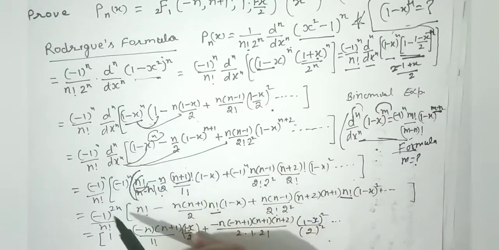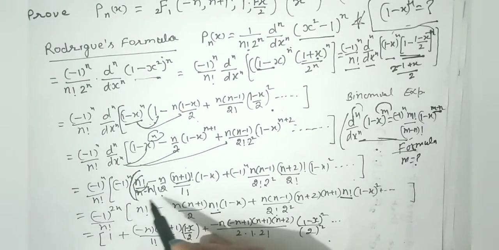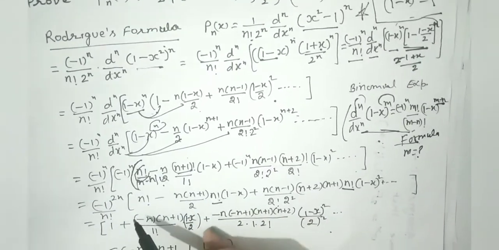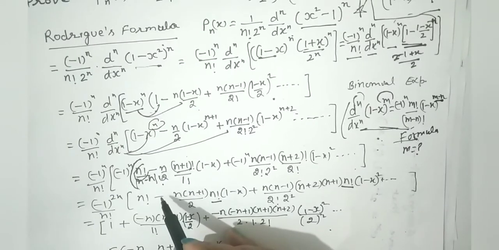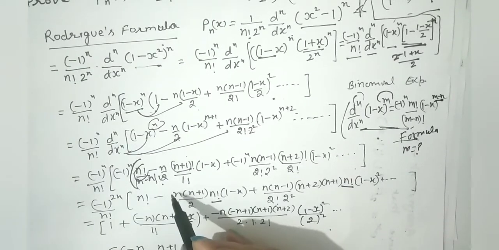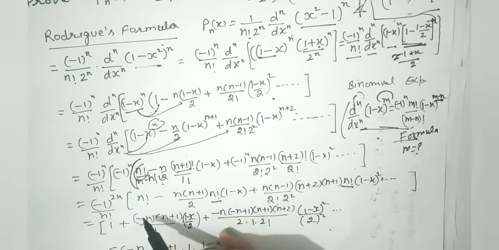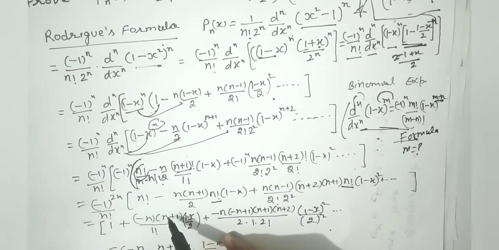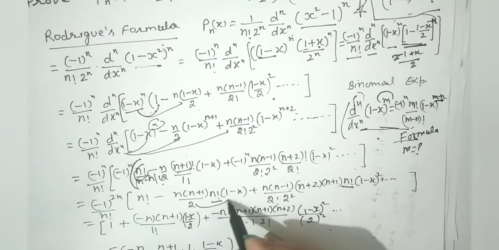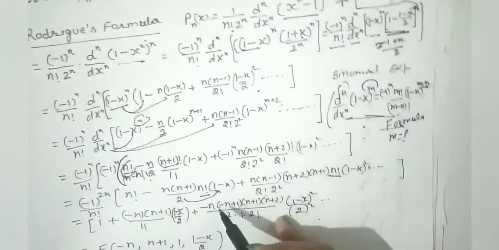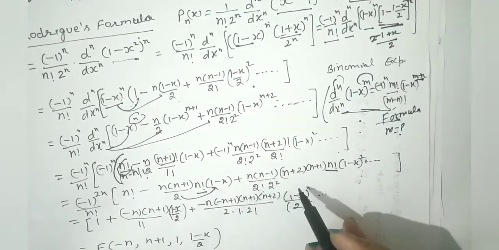Now this will be minus 1 raised to an even number, that will become 1, n factorial also cancelled, and what we are left with is 1 plus, because this minus we attach with this n, (minus n) into (n plus 1) upon 1 factorial, because we attach this 2 with (1 minus x). And similarly the next term we write in this way.